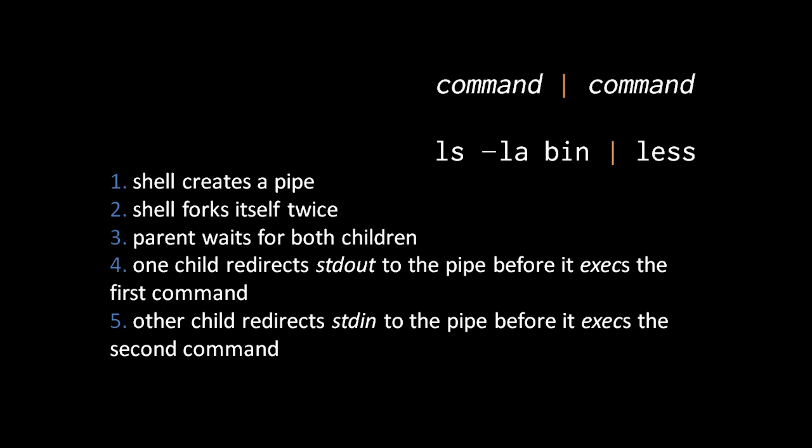In one of the child processes, it redirects its standard output to the newly created pipe before it then execs the first command. Meanwhile, the other child process redirects its standard input to the pipe before it execs the second command. So again, these two commands execute in parallel, they're separate processes, and the original shell process waits for both of them to terminate before it continues on its business.